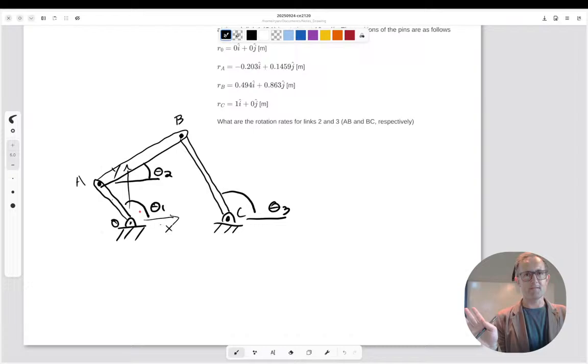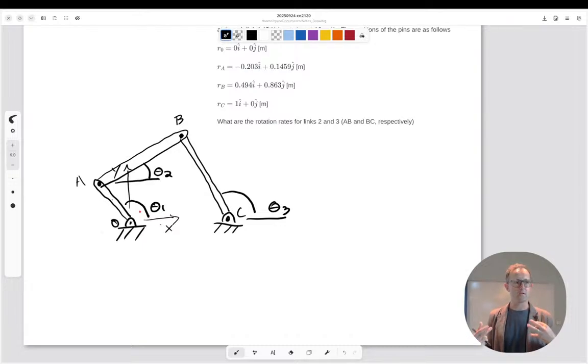But if you put that philosophical discussion aside and say yes, there's 1 degree of freedom, that means if I have angle 1, there should be an equation to find angle 2 and angle 3. Everything should be solvable in terms of that one angle, or vice versa. If I have 3, I could find 2 and 1. Somehow if we have one constraint, we should be able to find everything else.